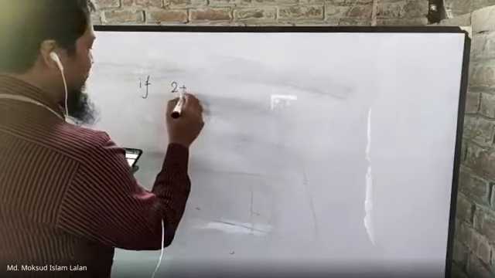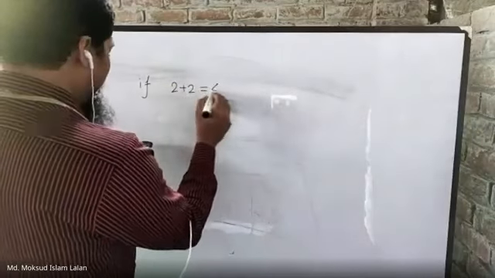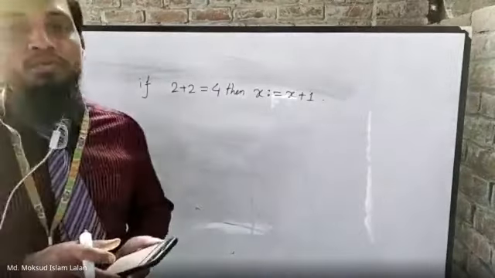If 2 plus 2 is 4, then what will be the value of x? Try to understand the question.